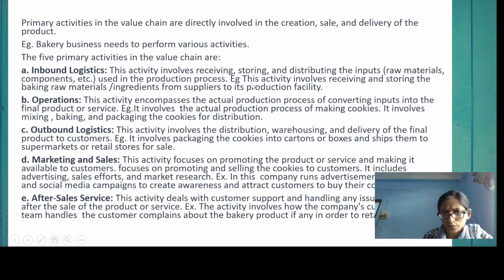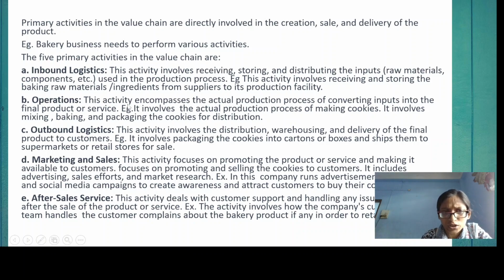without any flaw. So next comes, when you have decided that you have to open one bakery shop, you have to gather the ingredients needed to prepare those bakery products.